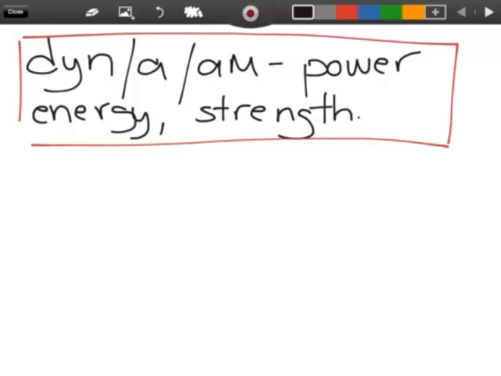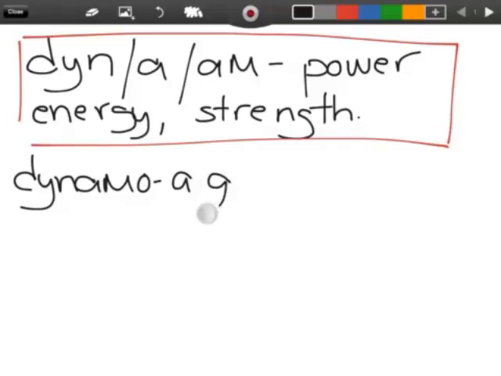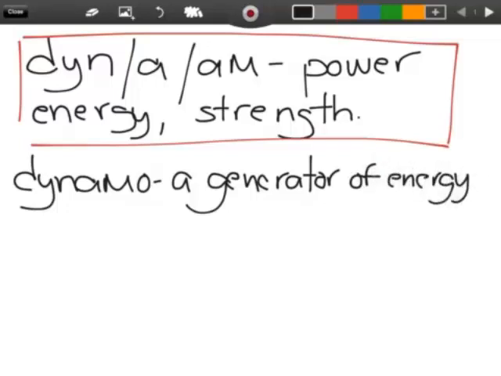One of them is dynamo, meaning a generator of energy. And my second example is going to be dynamic.